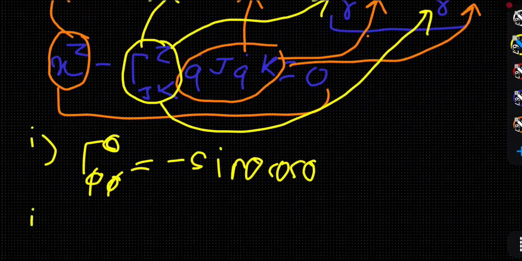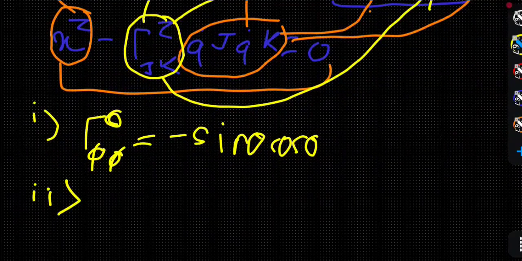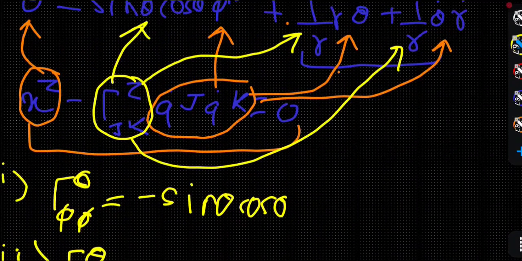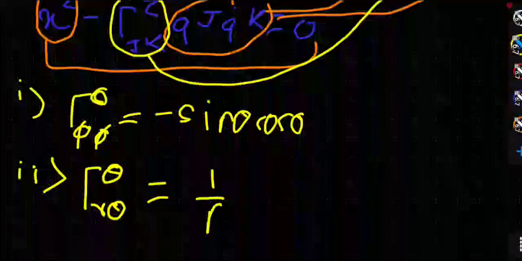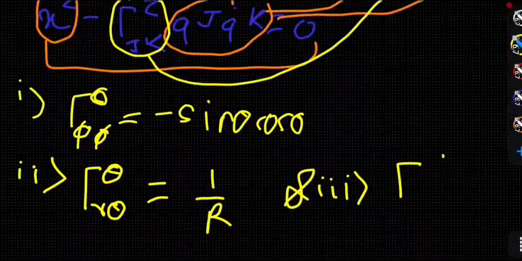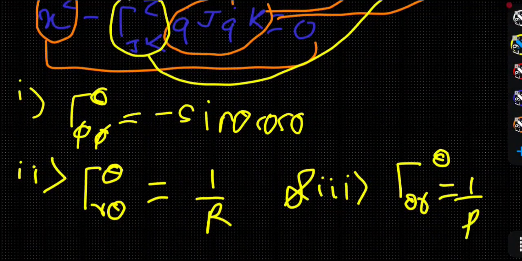Now the second Christoffel symbol is this 1/r, which can be written as Γ^θ_rθ, and it equals 1/r. And our third is Γ^θ_θr, equal to 1/r.